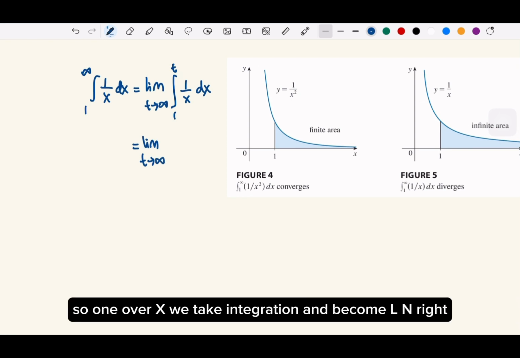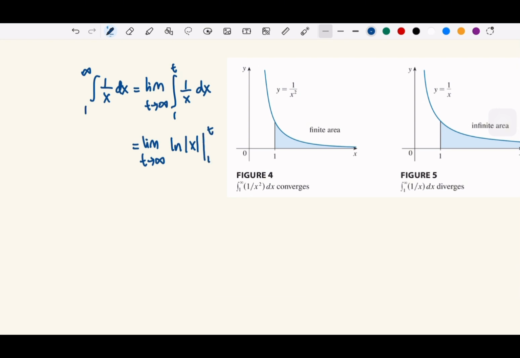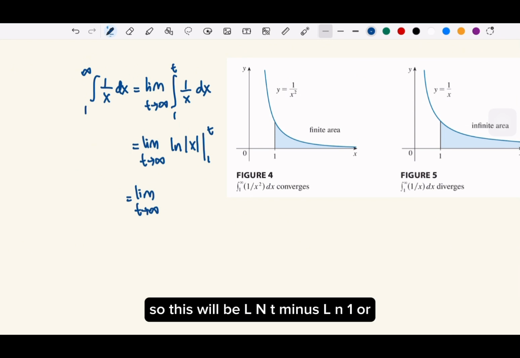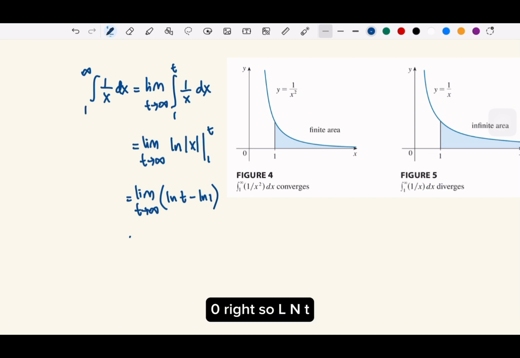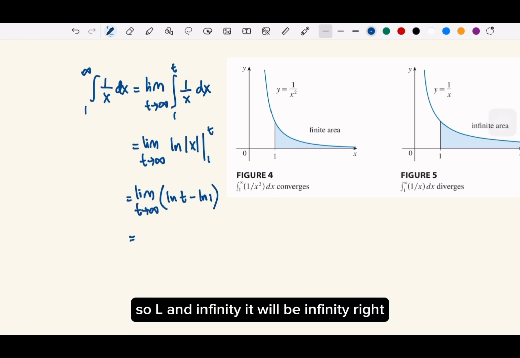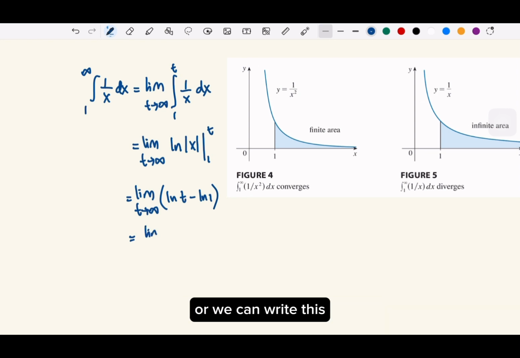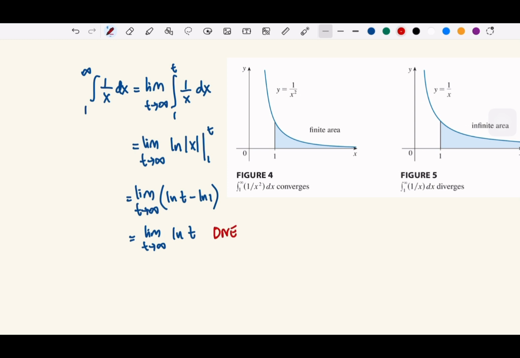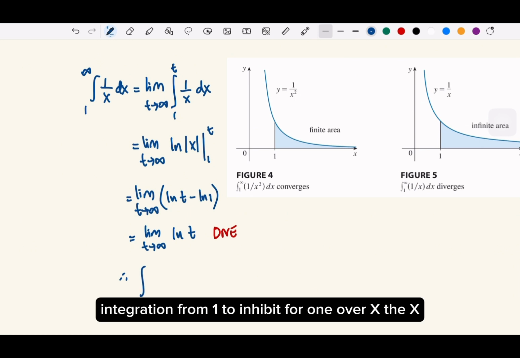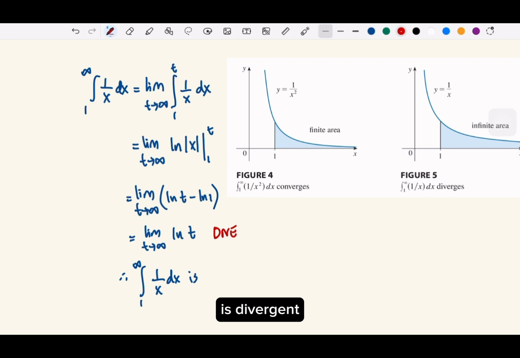So 1 over x, we take integration, it becomes ln, right? From 1 to t. So this will be ln t minus ln 1, or 0, right? So ln t, so ln infinity will be infinity, right? Or we can write this: ln t, the limit doesn't exist. So we say that the integration from 1 to infinity of 1 over x dx is divergent.